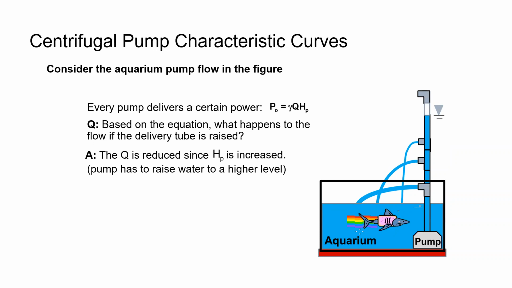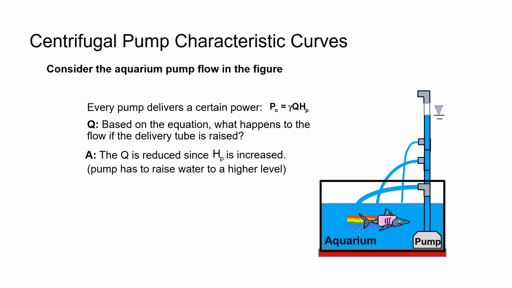But if the pump were hooked up to an actual pipe system, then we would have whatever elevation change in addition to the pressure at a particular point in the system. So pumps can deliver elevation and pressure. As we know, as we raise the tube, what's happening to the flow?